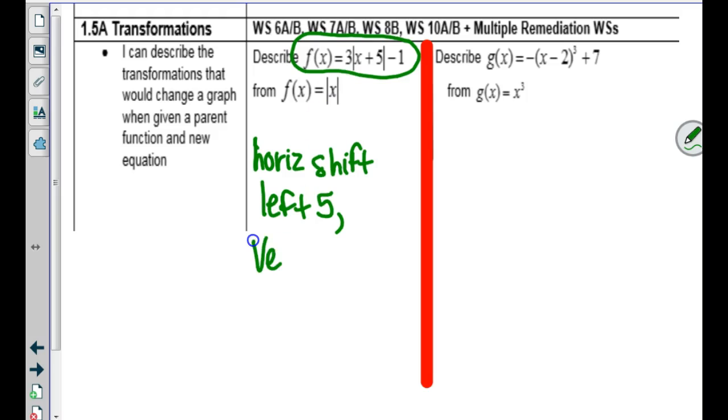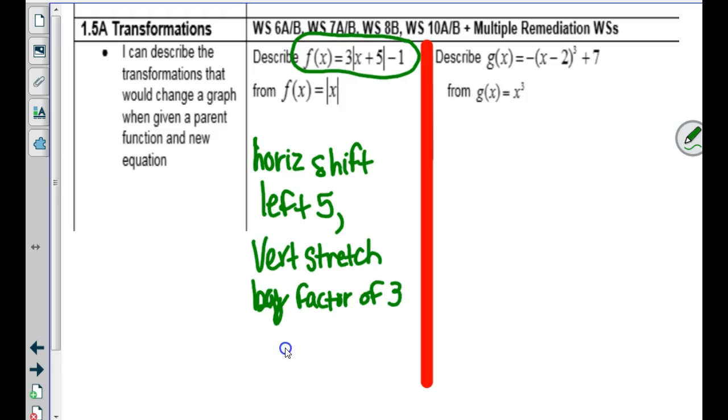Yes, it's a vertical stretch by 3. You don't have to write factor of 3 if you don't want. Makes it 3 times, goes up 3 times as fast. And finally, the minus 1 on the back, vertical shift down 1. Now, the order would not have made a huge difference on that question.